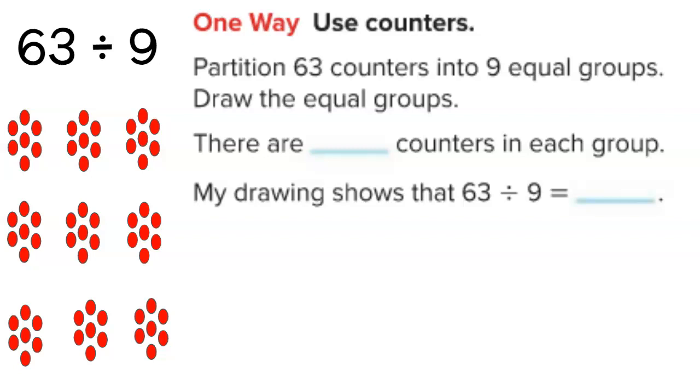Now we need to count and see how many counters are in each group. Let's count together. We have 1, 2, 3, 4, 5, 6, 7. Since there are 7 counters in each group, that tells us that 63 divided by 9 is equal to 7.